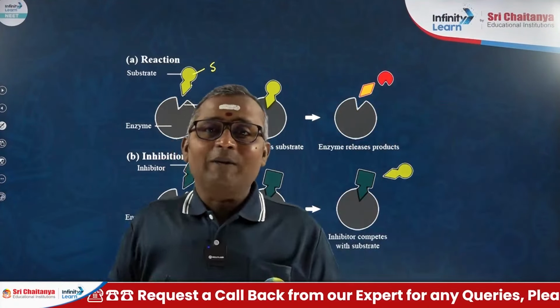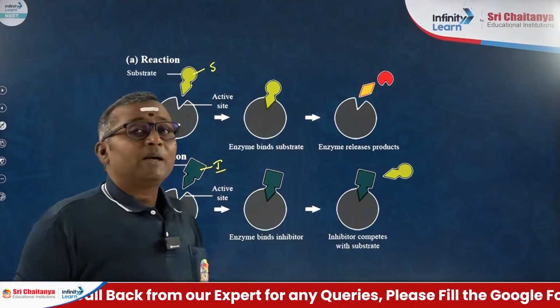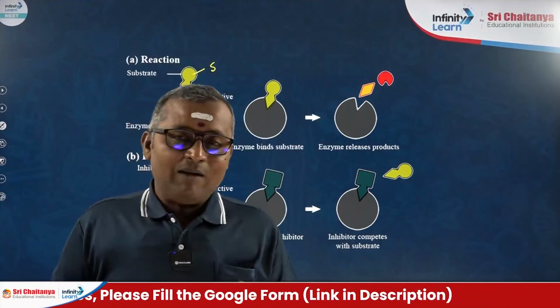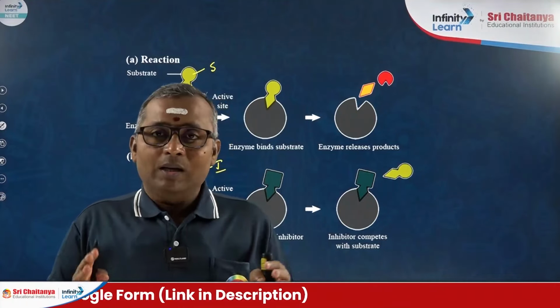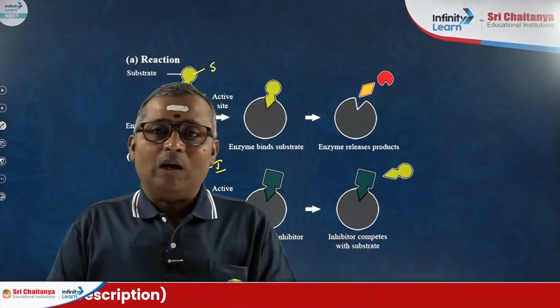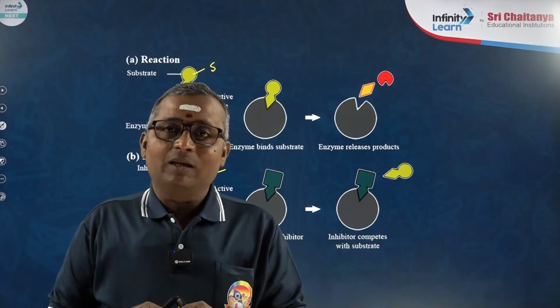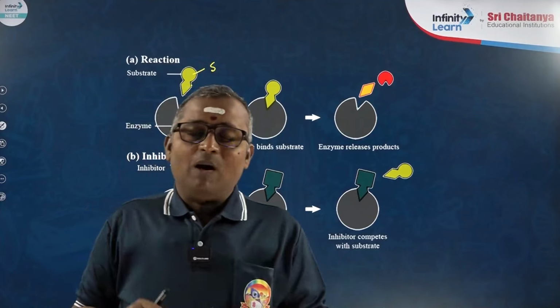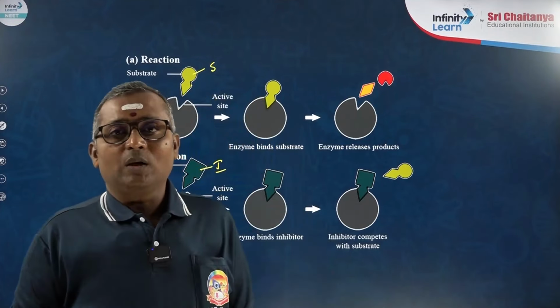This kind of phenomenon is called competitive inhibition. Competitive inhibition also has a very important role in medicine: to control some pathogenic bacterial infections, we are using competitive inhibitors. So this is what you can see with regard to competitive inhibition.